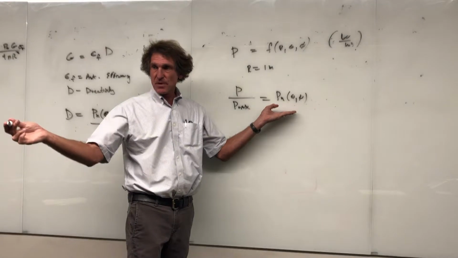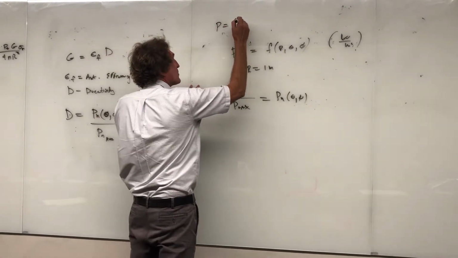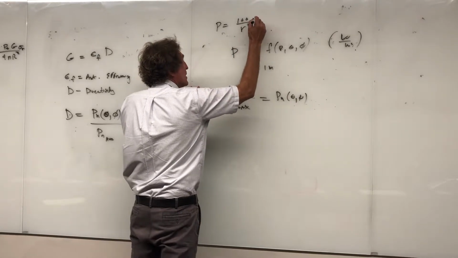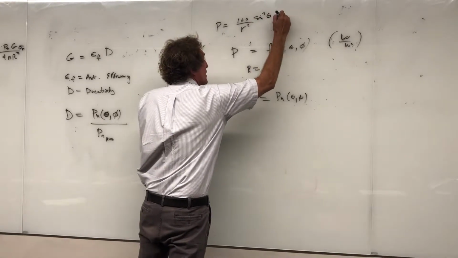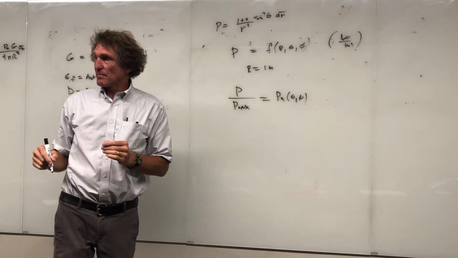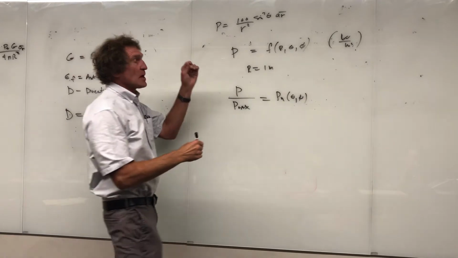For instance, suppose I said the transmitted power was 100 over R squared, times the sine squared of theta, KR. I'm going to say that's the power density in watts per meter squared. Follow me? Now if I have that, what would the normalized value be?